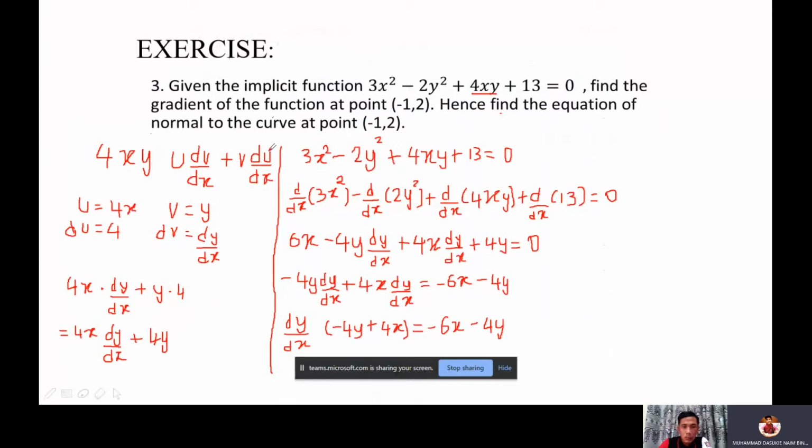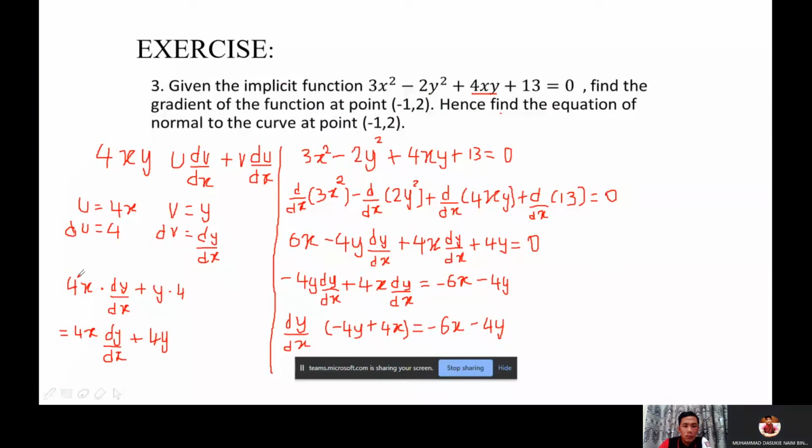That is the formula for the product rule. You differentiate: u equals 4x and du equals 4 after you differentiate, and v equals y and dv equals dy per dx.